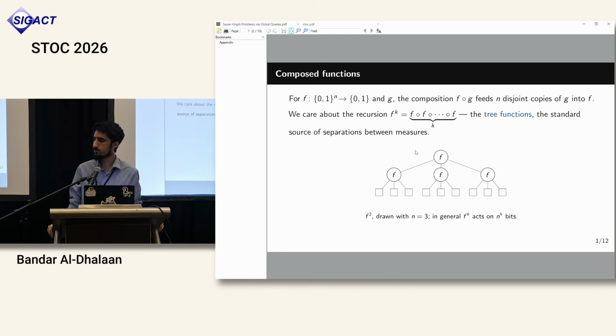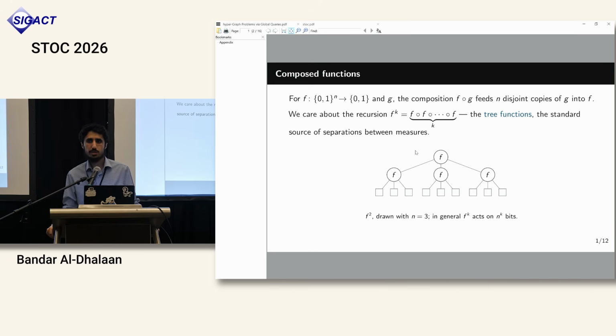And specifically, we're interested in self-composition. So f of f k times, we call this f to the k. And so as you can see here in the tree, f would have n children, which are copies of itself, and all the way down to the leaves where you have n to the k input bits. That is the input for f.